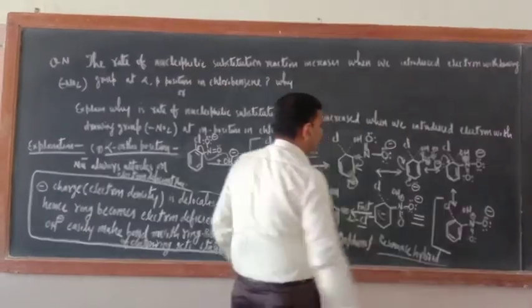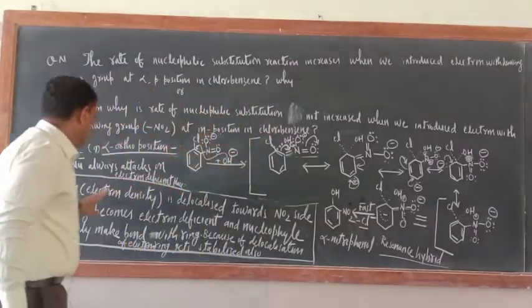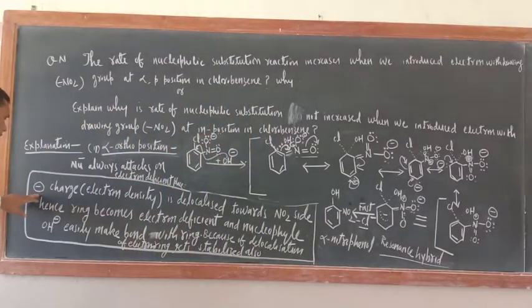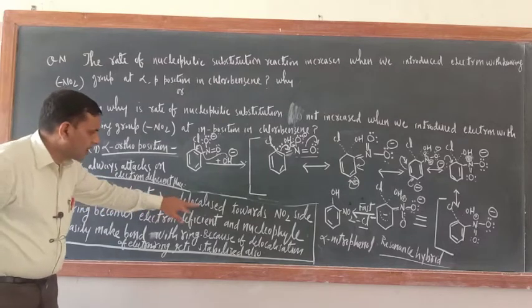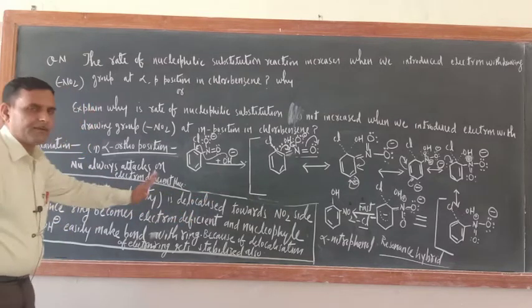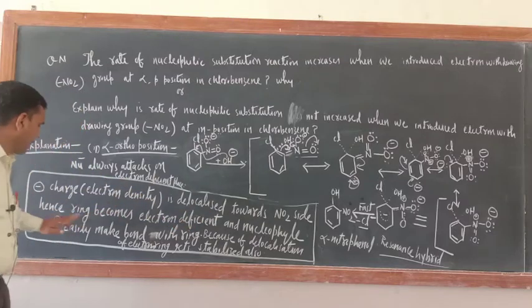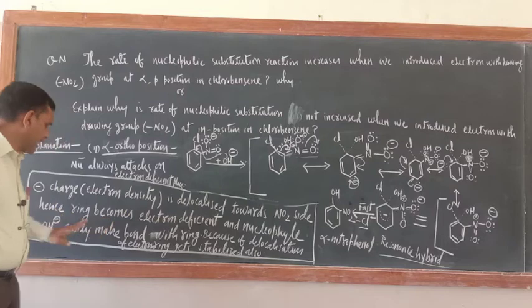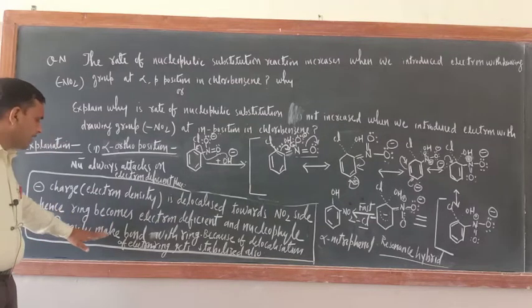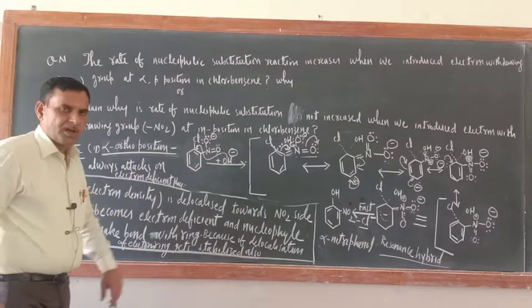You can check the resonating structure here. And the explanation is this one only. Negative charge electron density is delocalized toward the NO2 side when it is present at ortho position. Hence the ring becomes electron deficient and the nucleophile OH easily makes a bond with the ring.